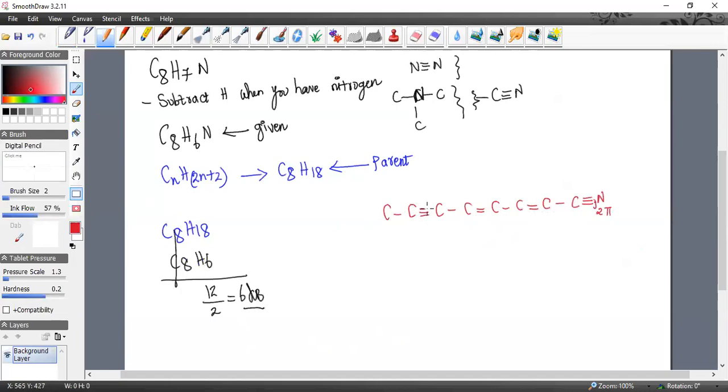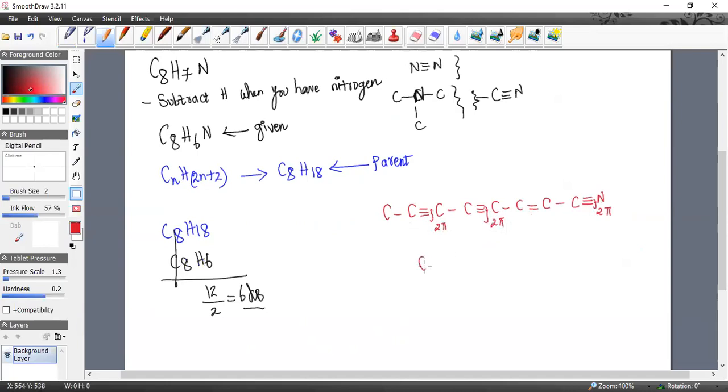So what I'm going to do is make one of them triple and triple. So this is 2 pi, this is 2 pi, and there's 2 pi here. That is how I accommodate my 6 pi. A double bond really means 1 pi, and a triple bond means 2 pi, so you can have 6 pi. So this is one of the isomers.